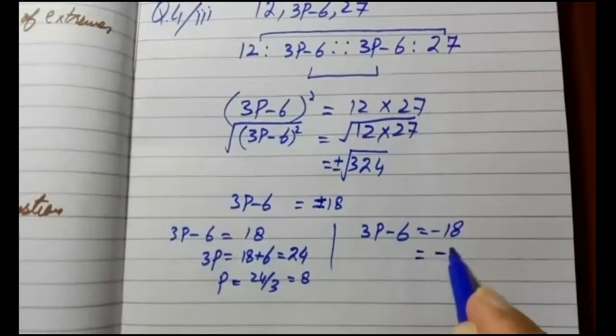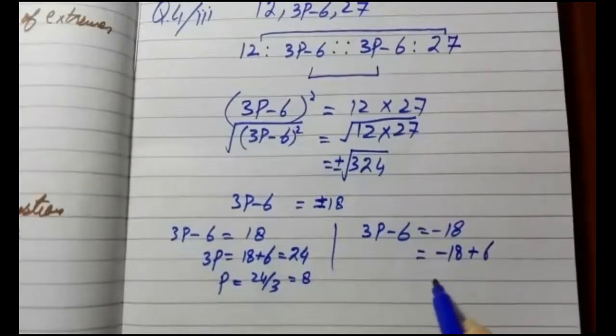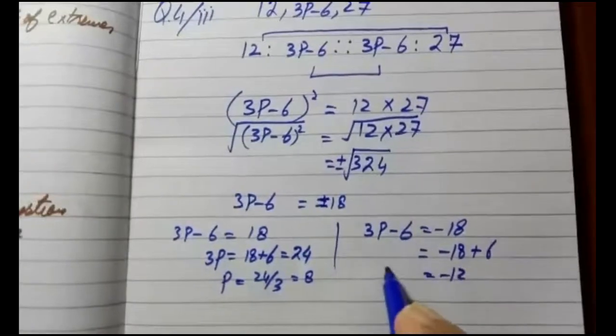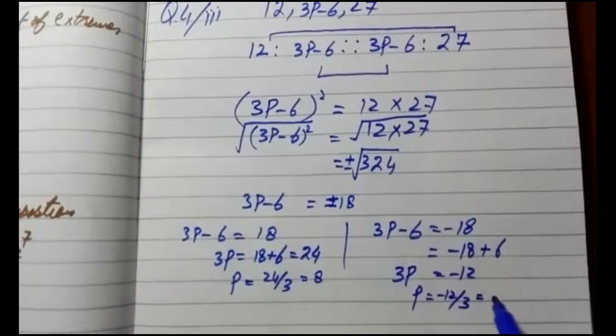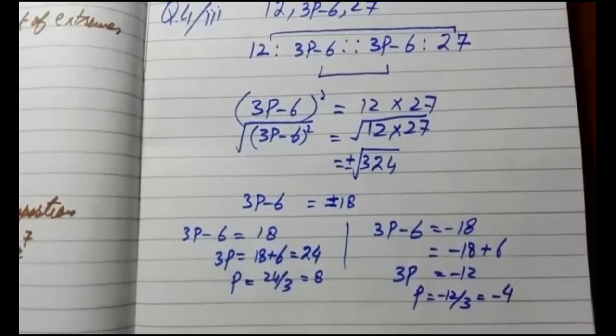From this side, minus 18 plus 6, this is equals to minus 12. P will be equals to minus 12 by 3, that is equals to minus 4. So we will be getting two answers for this letter P. One is 8 and the other one is, just let me check for a moment, 8 and minus 4. So the answers are correct.